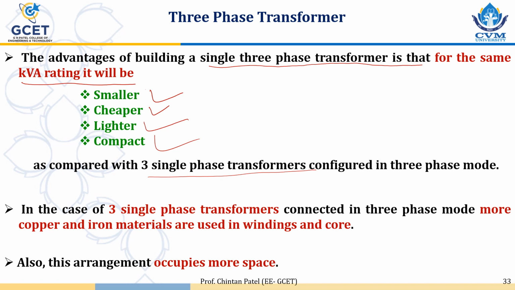In the case of three single-phase transformers, more copper and iron materials are used, so it is costlier, and this arrangement occupies more space. So it is better to construct a single piece three-phase transformer in place of connecting three single-phase transformers.